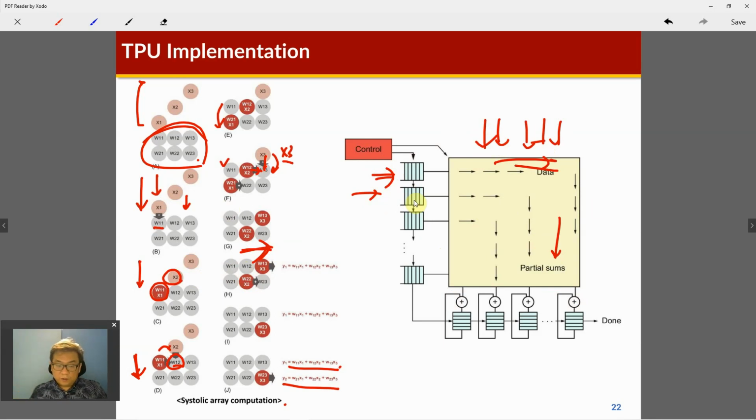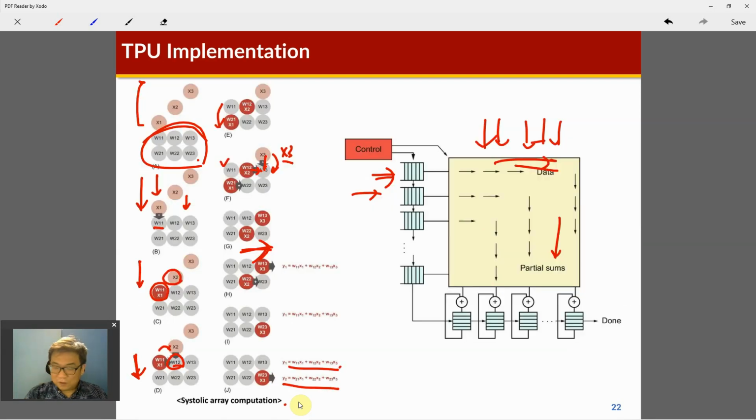The TPU's hardware architecture efficiently supports this systolic array computation, and this computation is frequently observed in neural network applications. So the TPU's computation unit is designed for efficient matrix multiplication and accumulation, because these operations are frequently found in neural network applications.